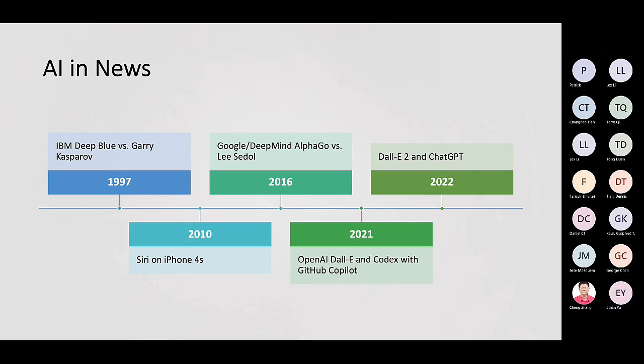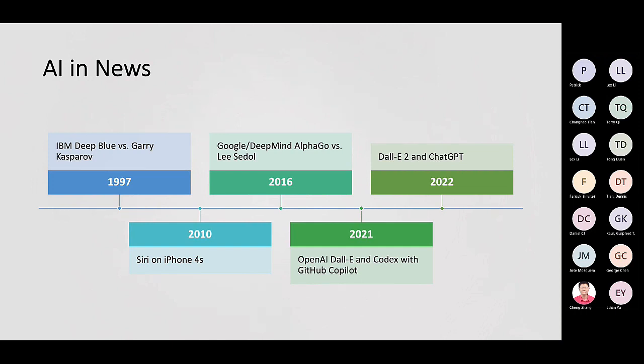So for the very first time, ordinary people can enjoy the many benefits from a system, from the AI. And in 2016, there's another competition between machine and human that's hosted by Google and DeepMind.